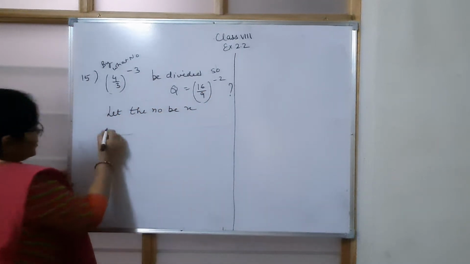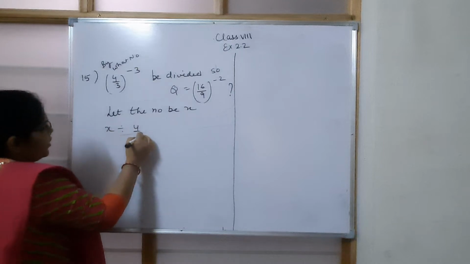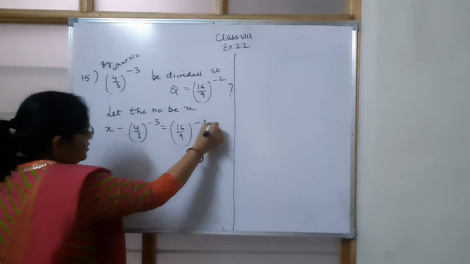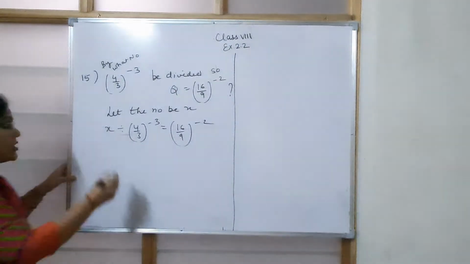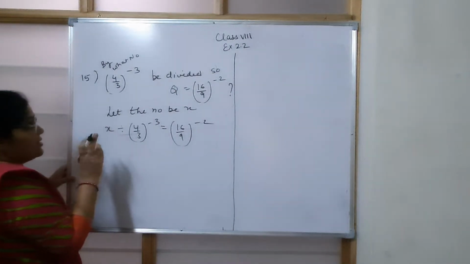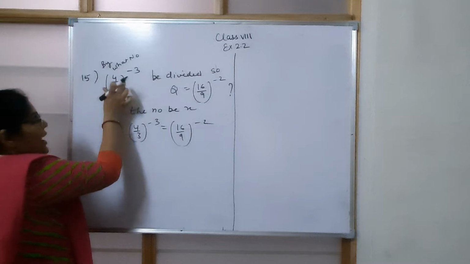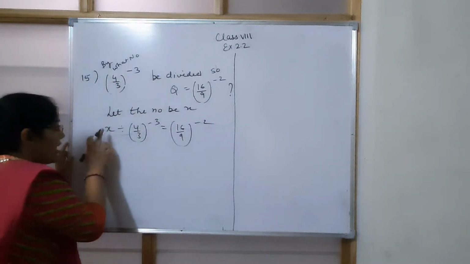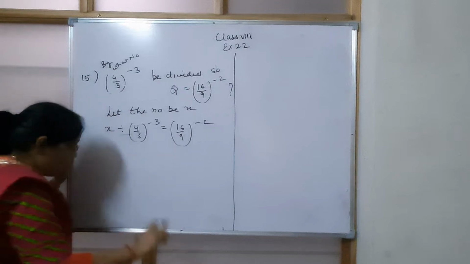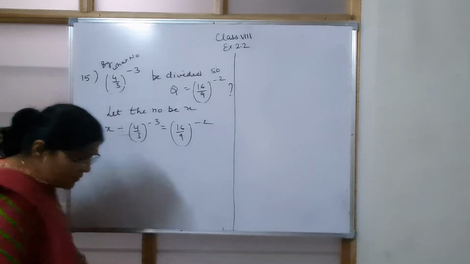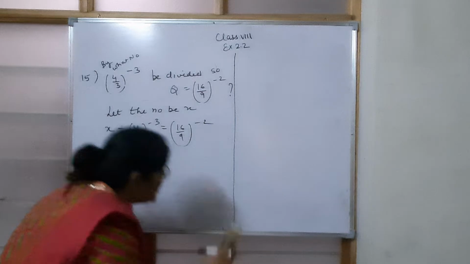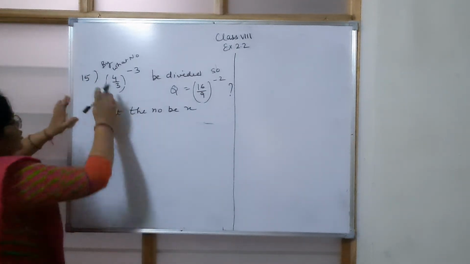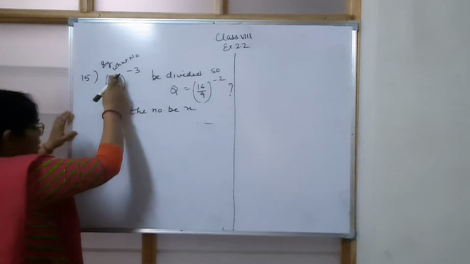Okay, I just want to ask you something. Do you think it's correct according to what is given in the question? No. Just look here. We just need to find a number by which this number should be divided. Here in this expression, what is there? We are dividing x by this number. But what are they asking in the question? They are asking that we need to find a number with which we are going to divide this number.